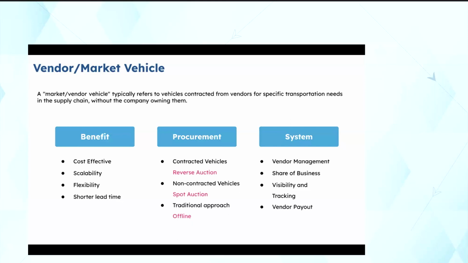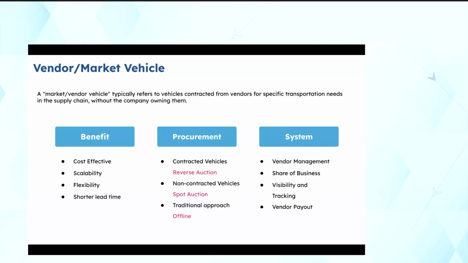There is a live auction that will happen. There are certain organizations that do this kind of auction, right? The auction will happen, and all the vendors available in the pool bid for it. Whosoever wins will get a contract from that manufacturing unit, for 1 year or 2 years, right? So this is from the contracted perspective.